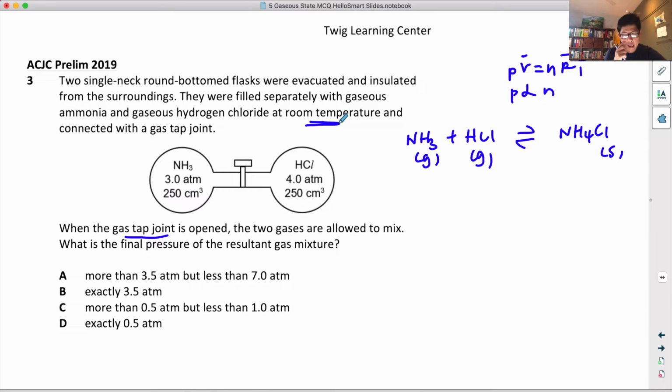But I'm just going to take it as the volume didn't change first. So I think pressure is proportional to the number of moles. You can see that there's 3 atm over here and 4 atm over here.